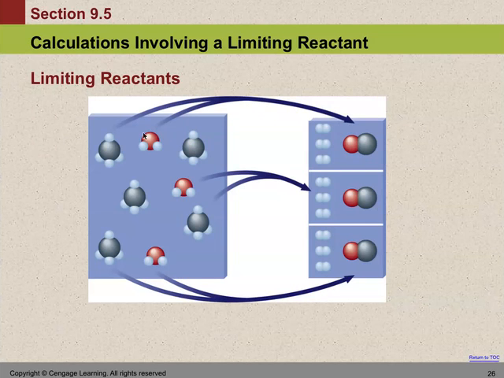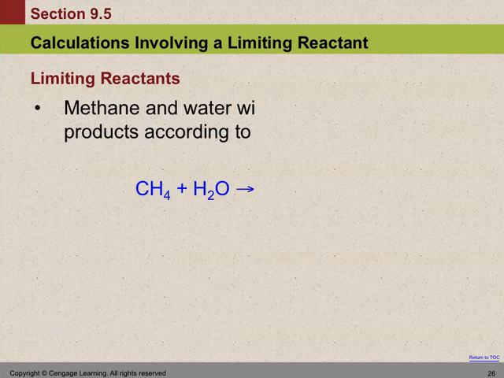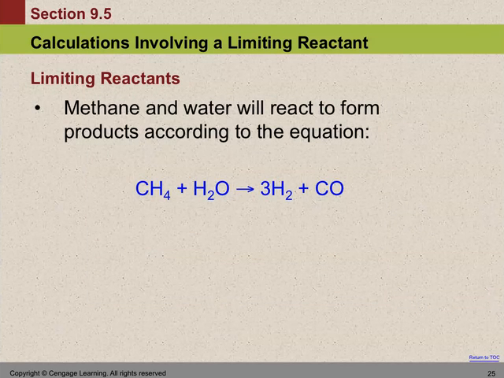Okay, so 1 molecule of methane and 1 molecule of water produce 1 molecule of carbon monoxide and 3 molecules of hydrogen gas. These two react, and these two react. What you can see is that we have 2 molecules of water that are in excess in this chemical equation. The limiting reagent then is methane.